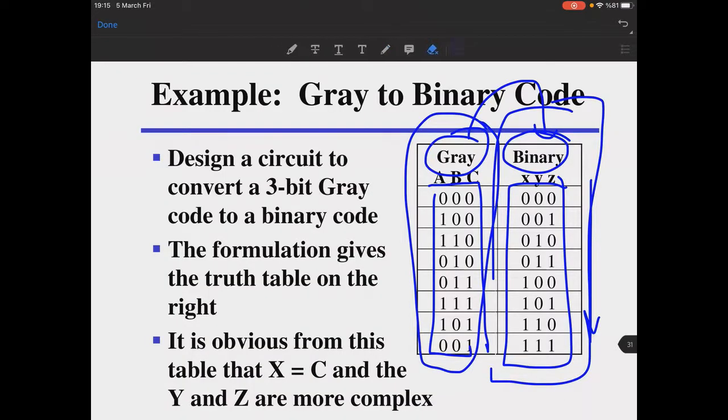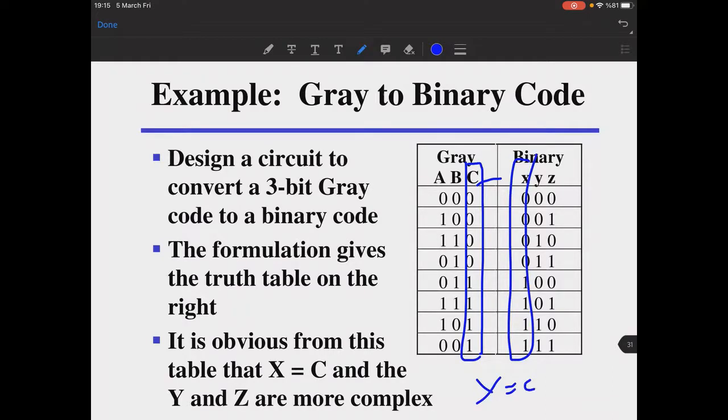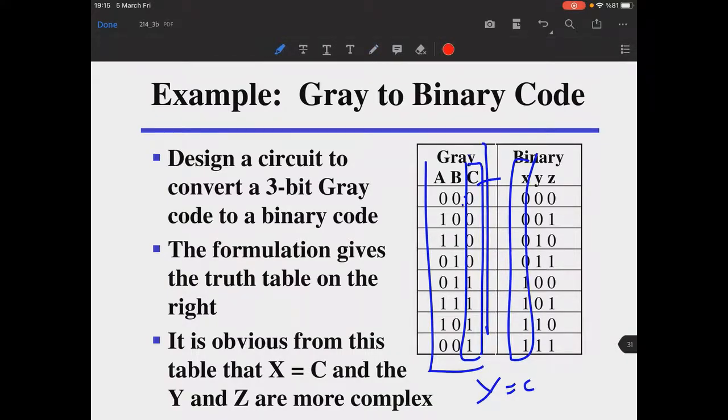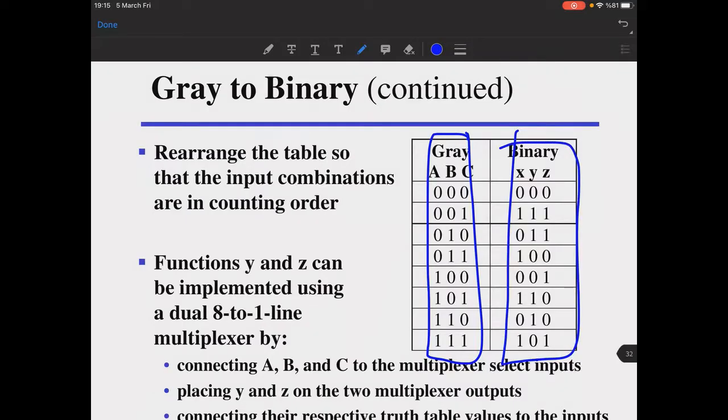Now it is pretty obvious that your C is seen at the output of X. So it means that your X equals C, but the remaining ones should be done carefully. As a first step, we should order the inputs first. Let's order it in input order. So it would look like this. We just make the ordering here, and these are the corresponding binary outputs, of course.